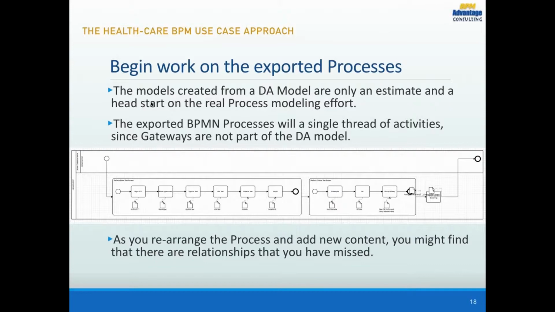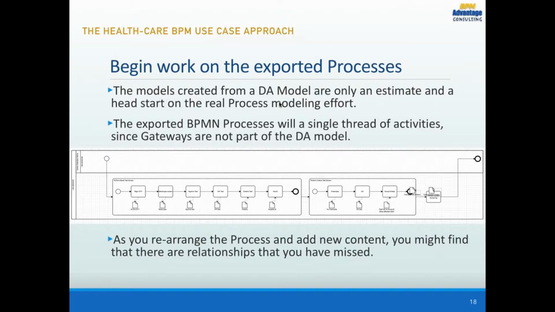So after you've done that, you start working on the exported processes. And the models, when you export them, is really an estimate or kind of a head start on the real process modeling effort. So the tool will create a sequence of activities based on the sequence that was placed in that box in the Discovery Accelerator.